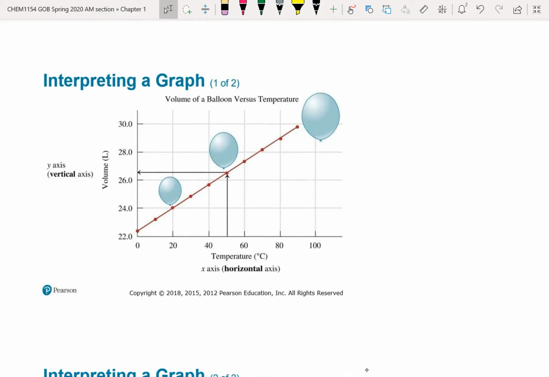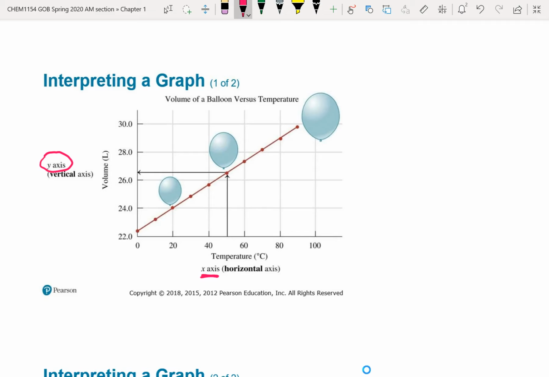All right, so in any graph that we're going to see in this class, there are going to be two main lines that are drawn. There's a vertical line that we call the y-axis, or the vertical axis, and then there's a horizontal line that we call the x-axis.